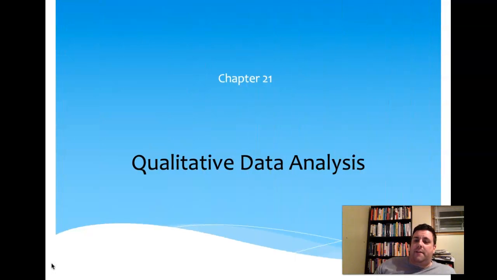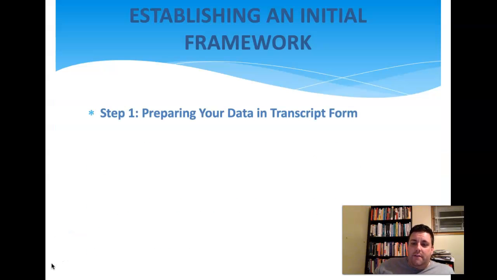All right, let's move into qualitative data analysis. In qualitative data, you've recorded your interviews or your focus groups. You've spent the time to type up those interviews, or you've paid someone to do it. That's extraordinarily expensive, and actually a big help, because it takes a very long time to type up interviews.